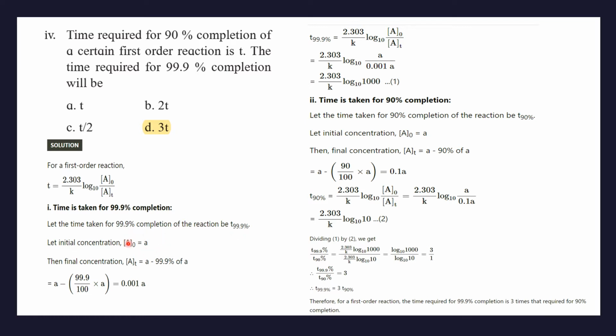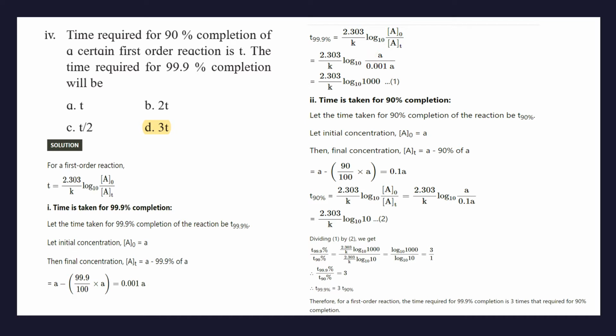Then the initial concentration is A and the final concentration is A minus 99.9% of A. That is A minus 99.9 upon 100 into A, which is equal to 0.001 A. Now T 99.9% is equal to 2.303 upon K logarithm to the base 10 A0 upon AT. Substituting the value of A0 and AT, 2.303 upon K logarithm to the base 10 A upon 0.001 A.